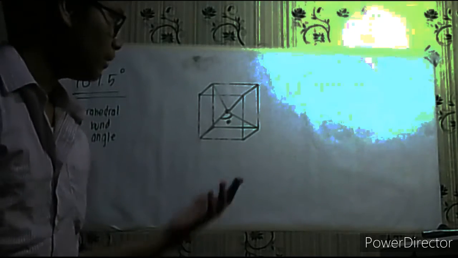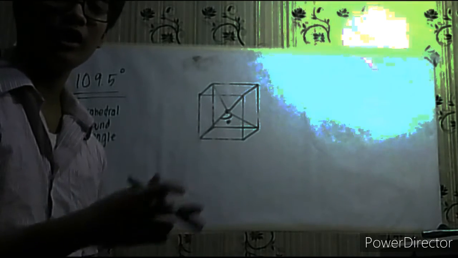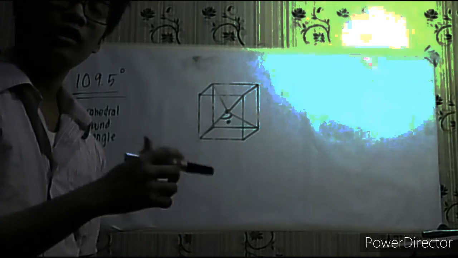So first, we have to visualize a tetrahedral molecular geometry, okay? So first, we get a molecule with 4 bonds, like methane, and the 4 atoms attached to the central atom are equal in mass or in pull, okay?